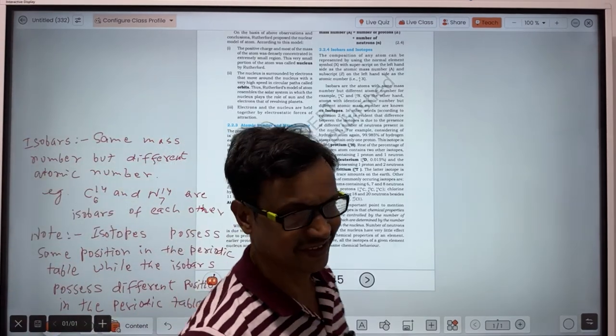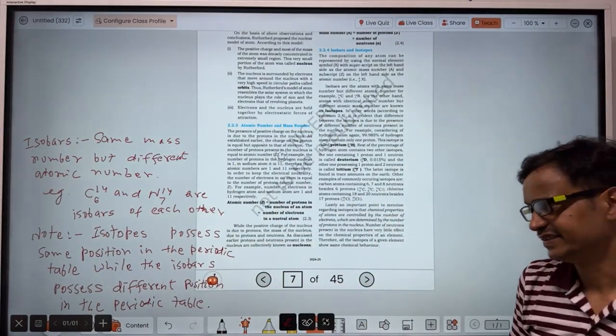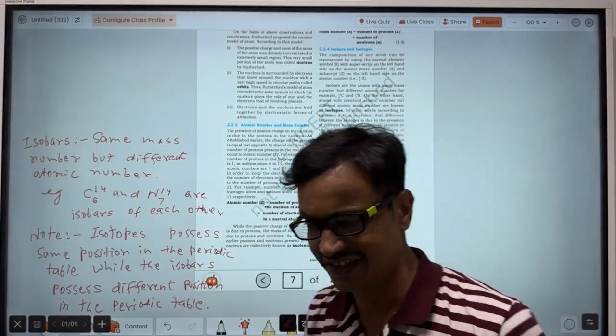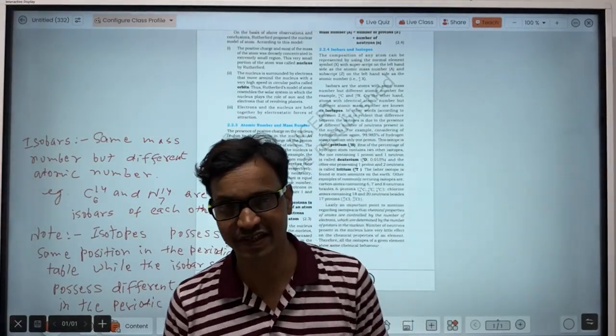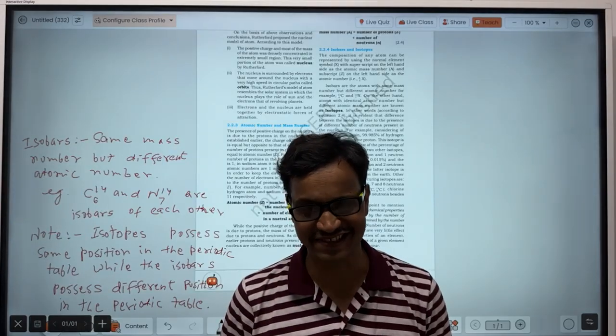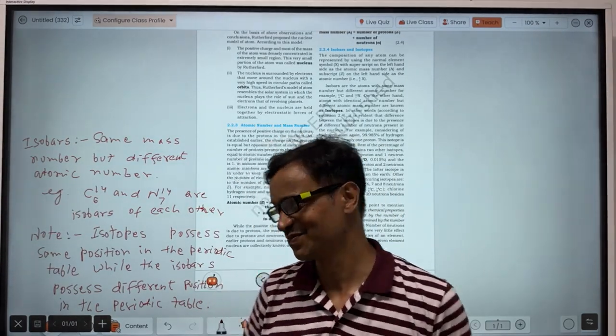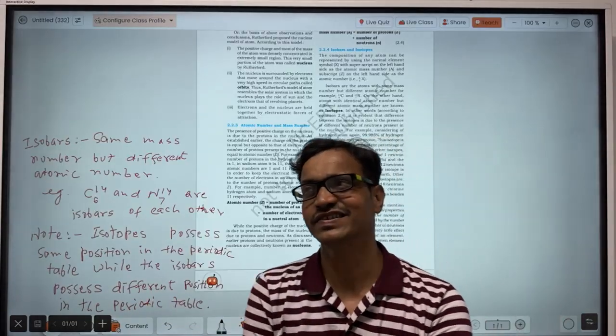One point here I have written is that isotopes possess the same atomic number, while isobars possess different atomic numbers and different positions in the periodic table, which is obvious. You may think there is no need to mug up this point either. Why?